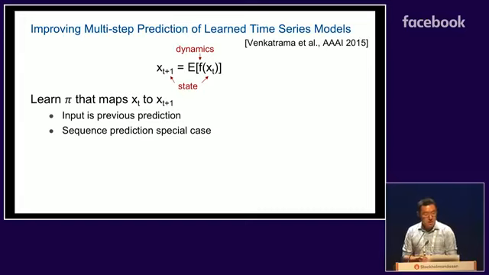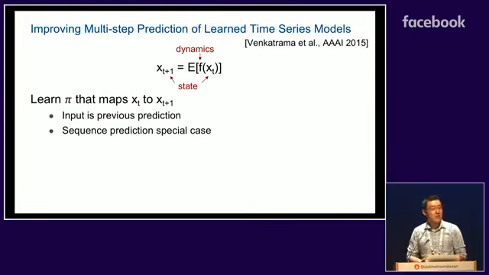Okay, another issue that you can think of as a special case of structure prediction is time series modeling, such as time series forecasting, right? I have here a very simple equation of a time series model where the next state, x sub t plus 1, is equal to some dynamics model, f, applied to the previous state, x sub t.